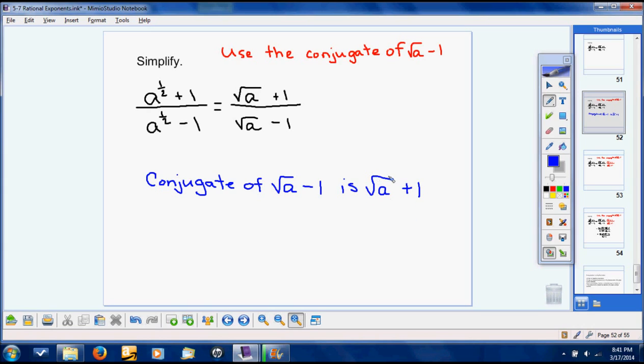Okay, we're going to use this conjugate. We're going to use this square root of a plus 1. Okay, this is not the answer. I know I circled it, but it's not the answer. This is just part of it. We have to use this.